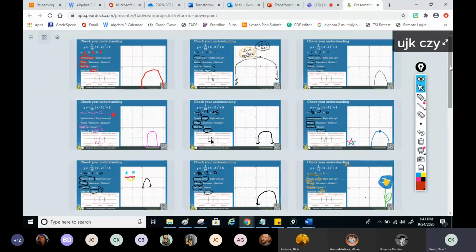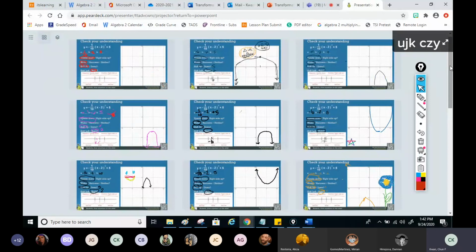But when you sketched the graph, you shifted the graph down. A couple of you had the same problem. You circled shifted up, and that is correct, but when you graphed it, for some reason it is shifted downwards.